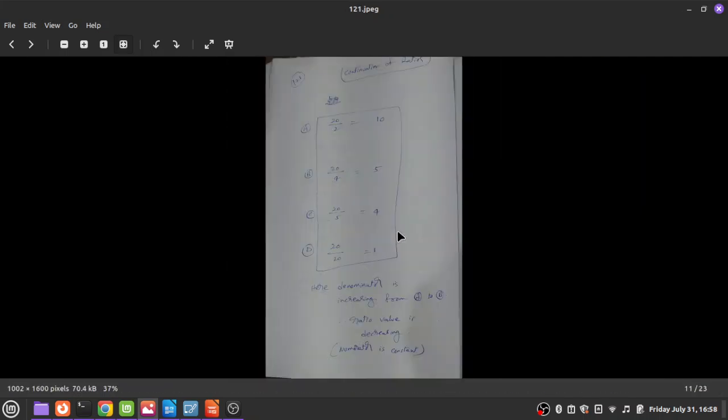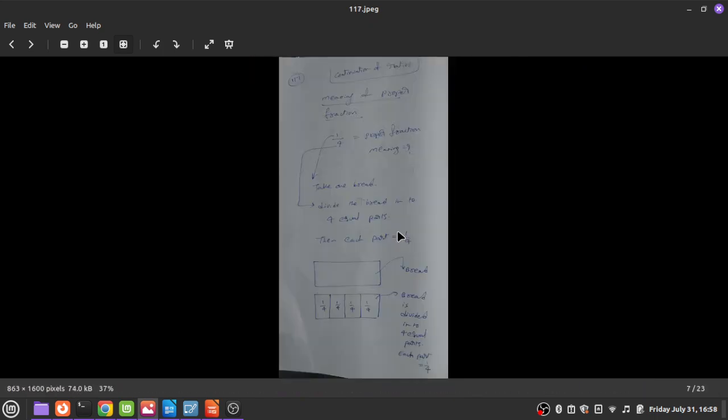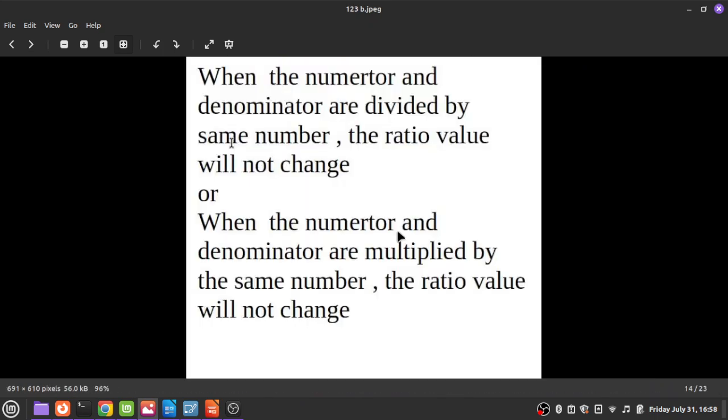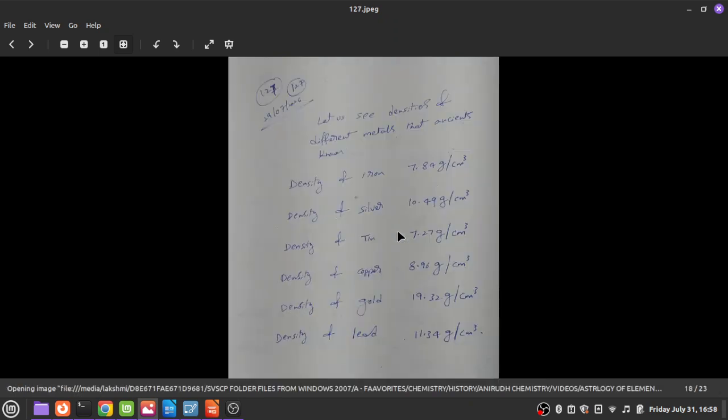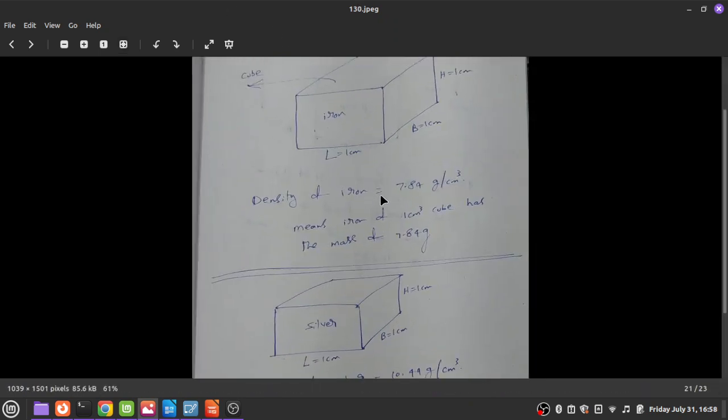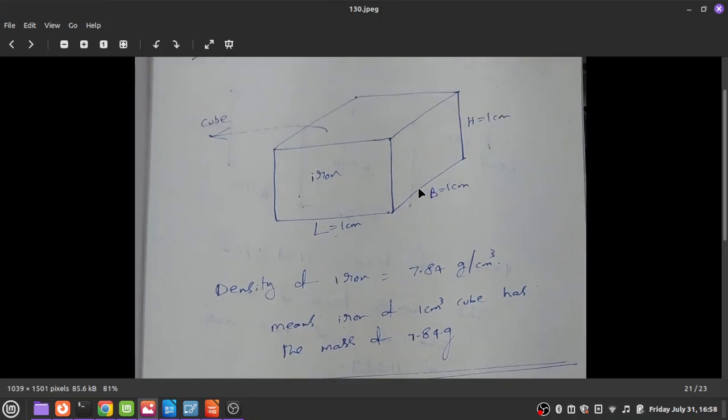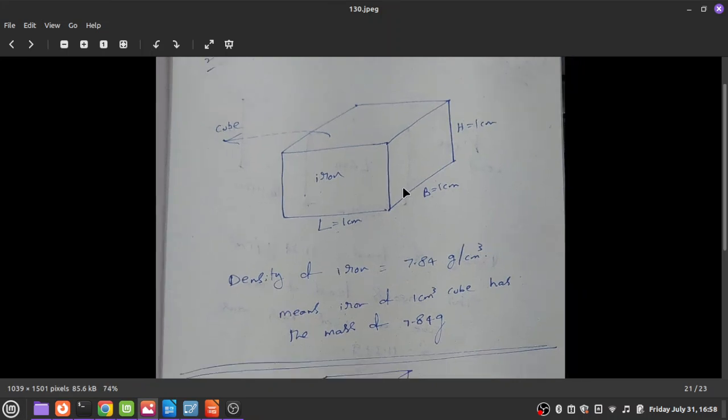To understand that, meter cube, let us go to slides. Okay, see that, meter cube. Suppose you want to measure the density of iron.